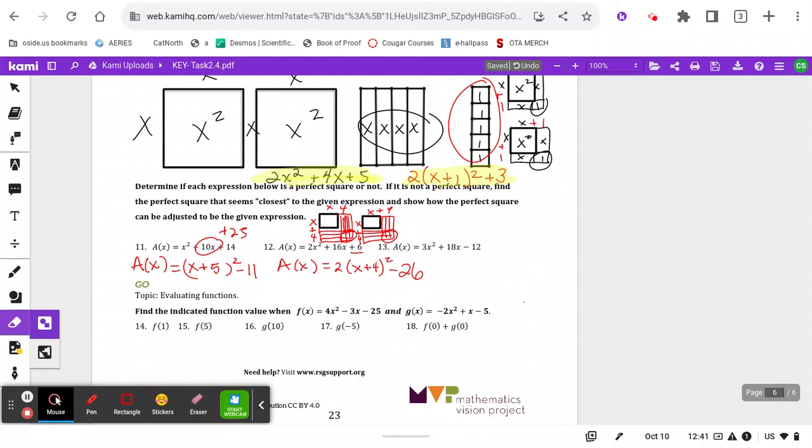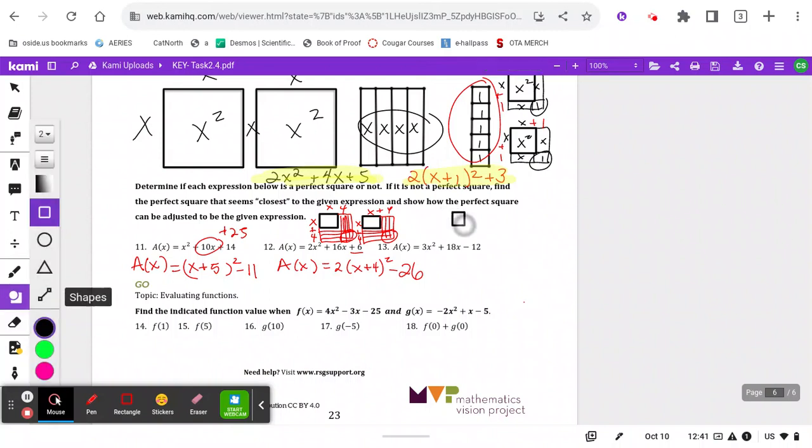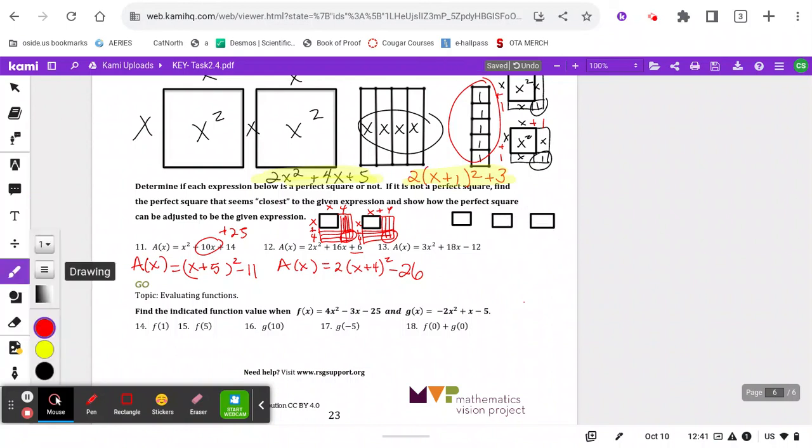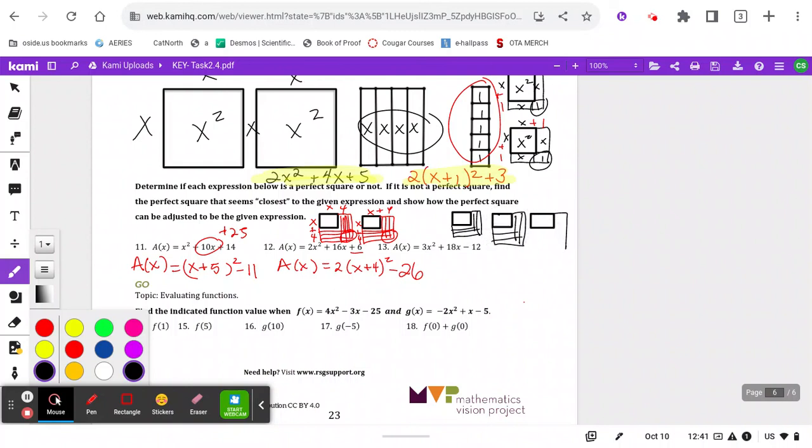Okay, last one. Let's draw this little diagram. There's 3 of these perfect squares. And then there's 18 different long ones. So that's going to be 6 on each. So 1, 2, 3, 4, 5, 6, 7, 8, 9, 10, 11, 12, 13, 14, 15, 16, 17, 18. Now I have my 18.